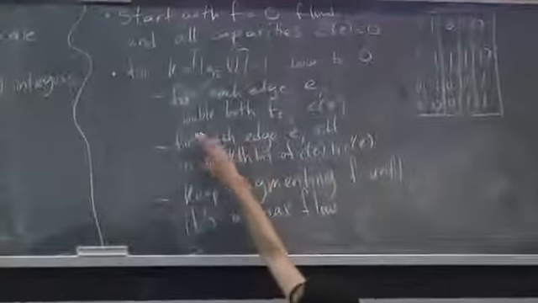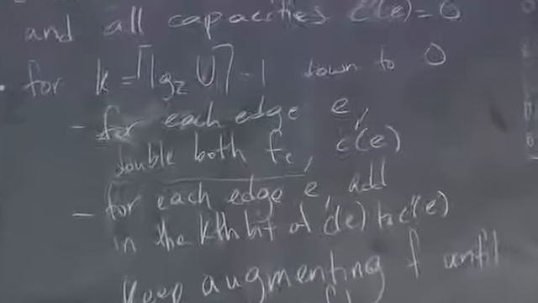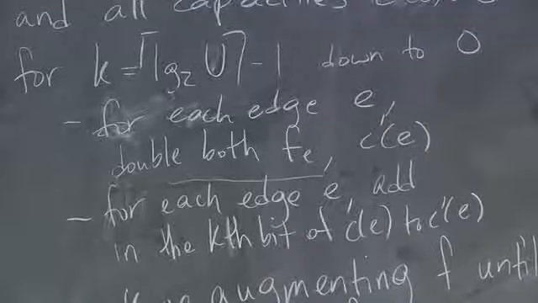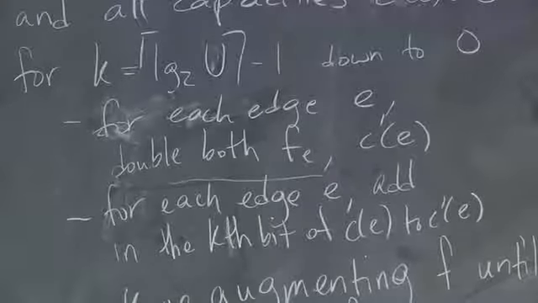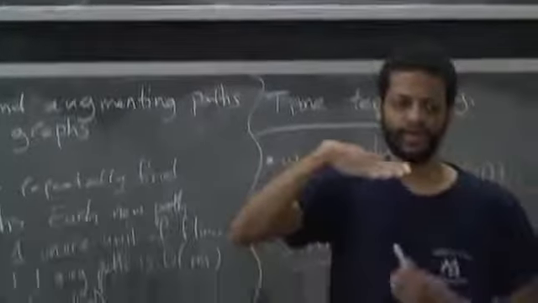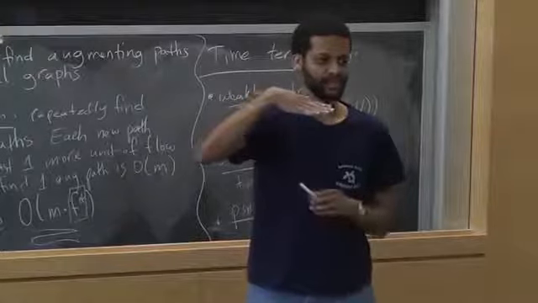So let's look at it right here. We've doubled the capacities, but we haven't shifted in the new bit yet. Okay. This flow F is a max flow for the current capacities, right? Which means that there's a cut that's saturated. So that cut has 0 capacity across it. And then we added in the next bit of capacity to some subset of the edges.